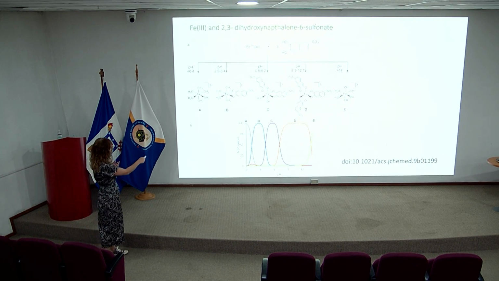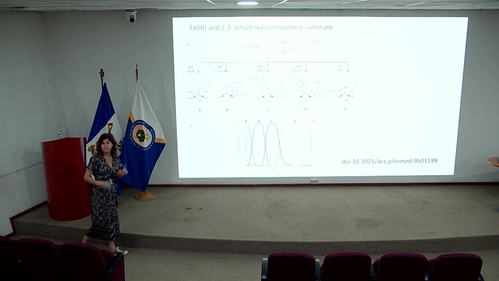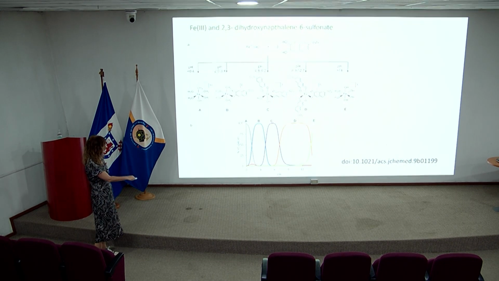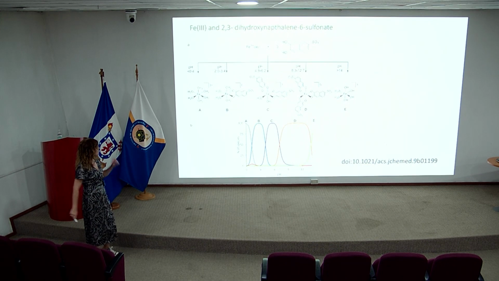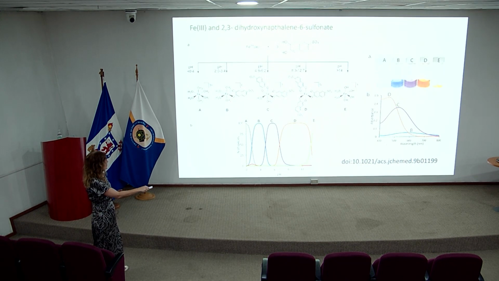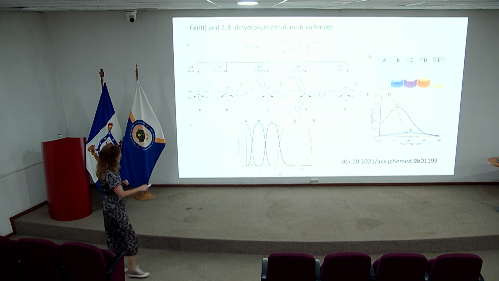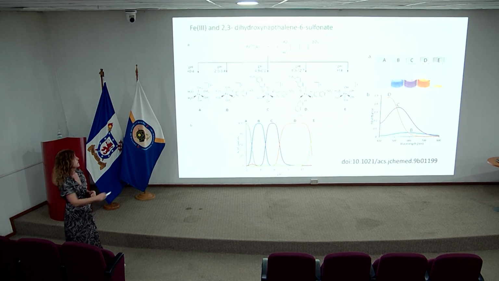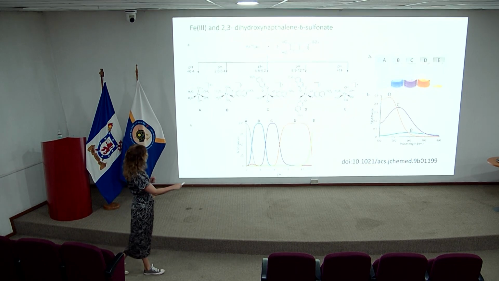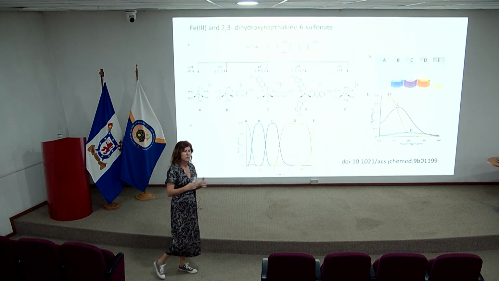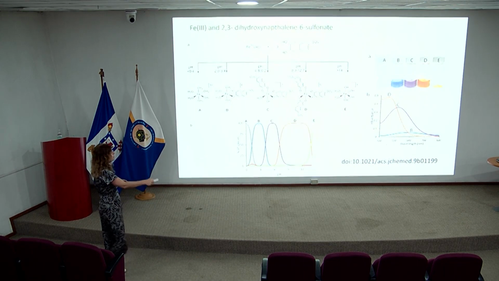So at low pH we have the aqua iron, shown here as A. Then between pH 2 and 3.4 we have the complex with one ligand, and this solution is blue, okay? As we increase the pH, a second ligand is bound and the solution becomes violet, and above pH 8 and below 12.7 we have the 1 to 3 metal to ligand complex, which has a different color.